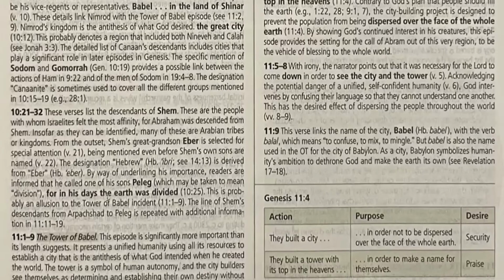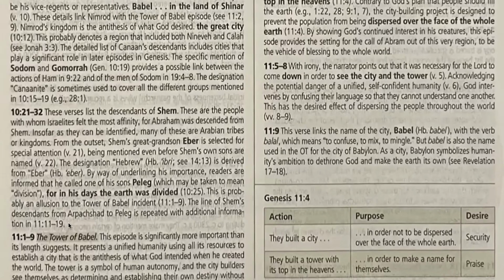For in his days, the earth was divided. Chapter 10, verse 25. This is probably an allusion to the Tower of Babel incident in chapter 11, verses 1 to 9. The line of Shem's descendants from Arpachshad to Peleg is repeated with additional information in chapter 11, verses 11 to 19.